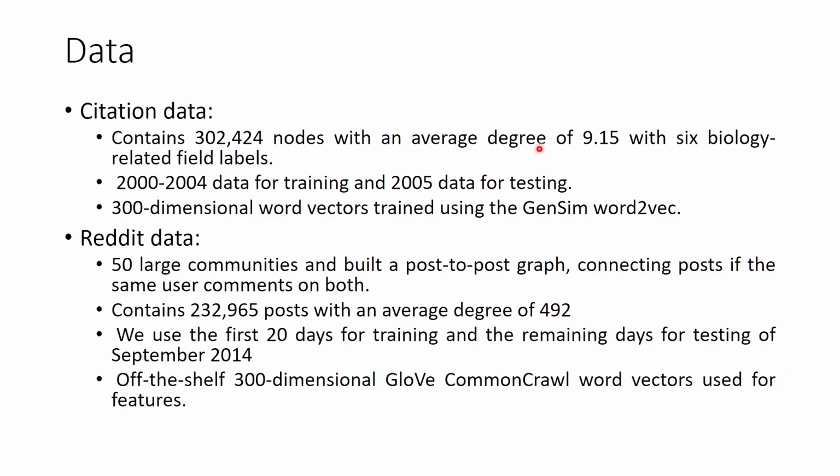And for the data, we use these three. I am going quickly through that, so if you want to know more, you can pause and read about it. So we have taken citation data and Reddit data. These are two huge graphs.